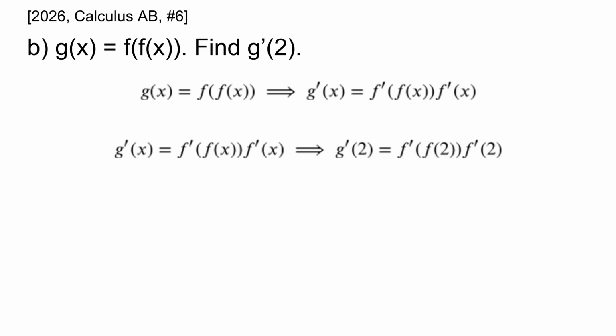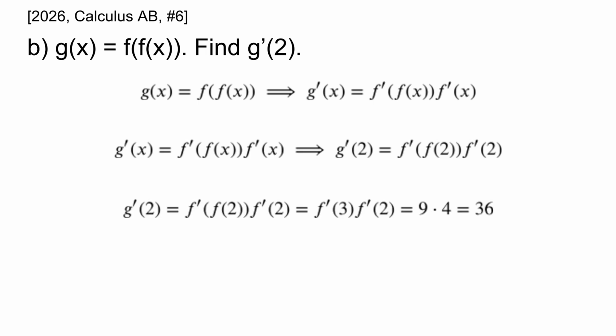With this formula for g prime of x, we can calculate g prime of 2 to be f prime at f of 2 times f prime of 2. And all of these values we can get from the table. F of 2 is 3, so we need f prime of 3 times f prime of 2, which is 9 times 4, which is equal to 36.